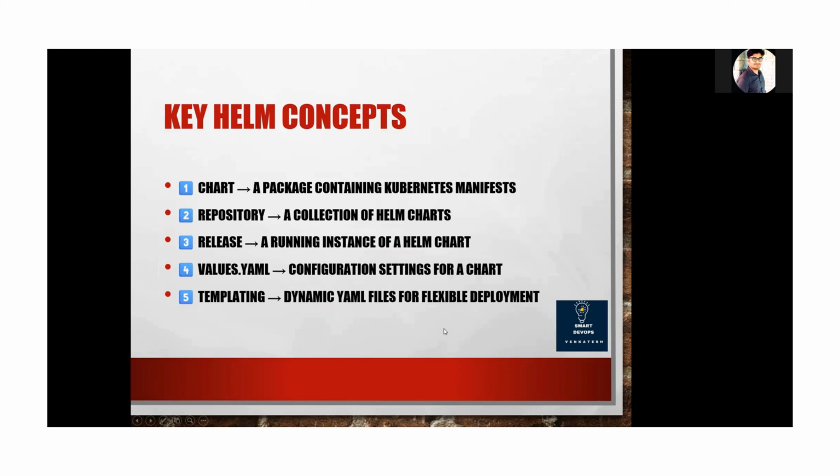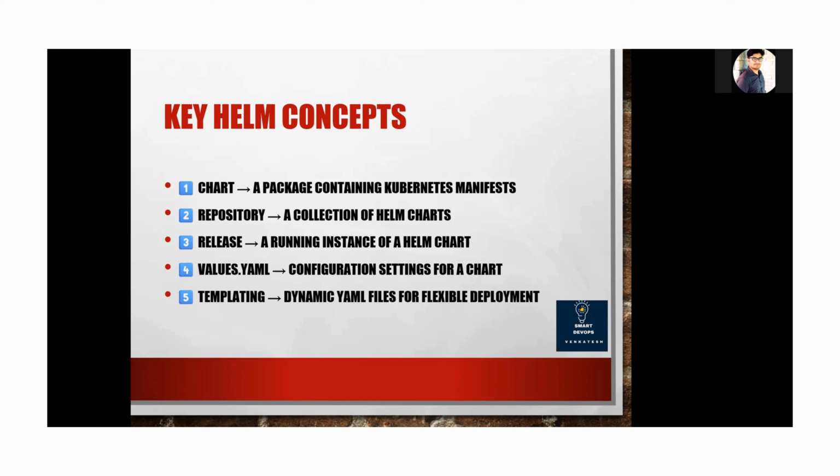Now, in Helm, we have some key concepts we need to understand before going to the next stage of the Helm process. The first thing you hear when you start using Helm is a chart. A chart is a package that contains the Kubernetes manifests.